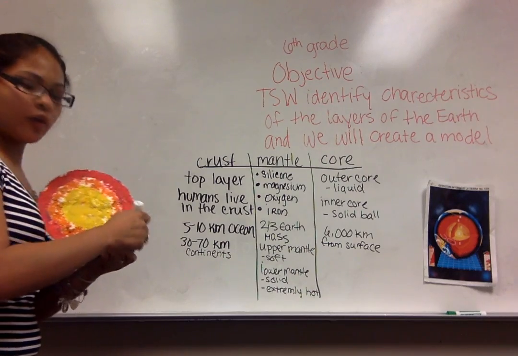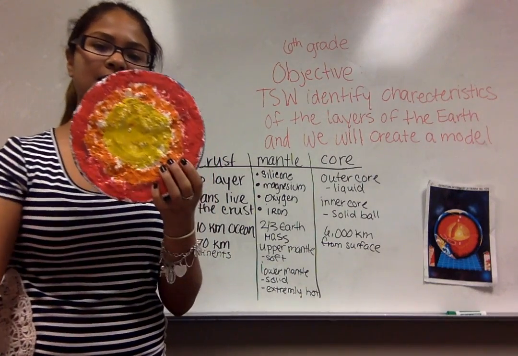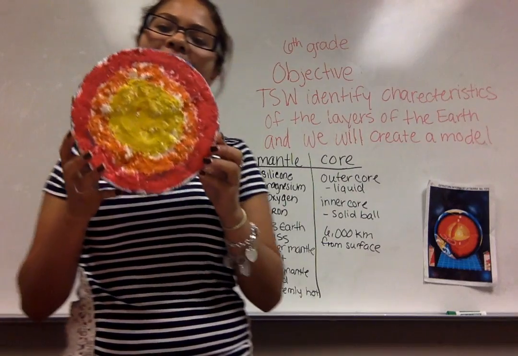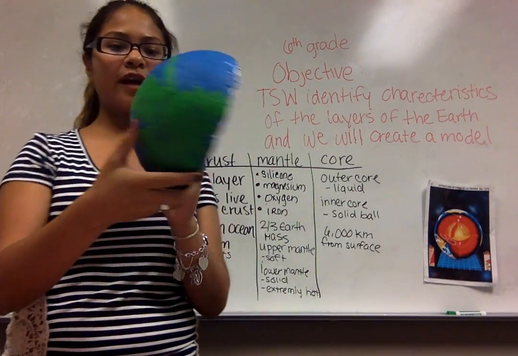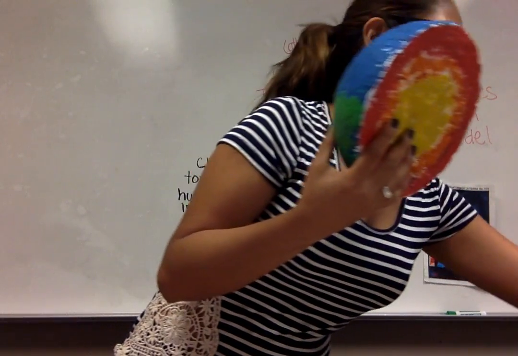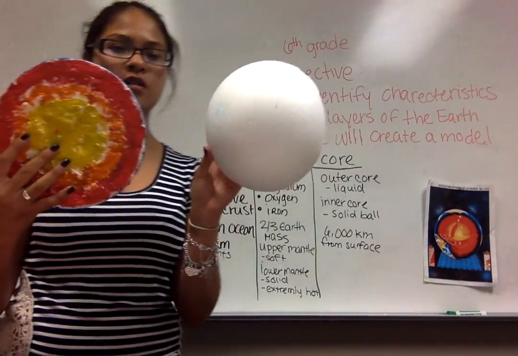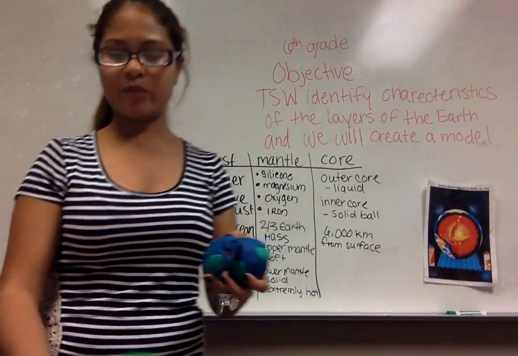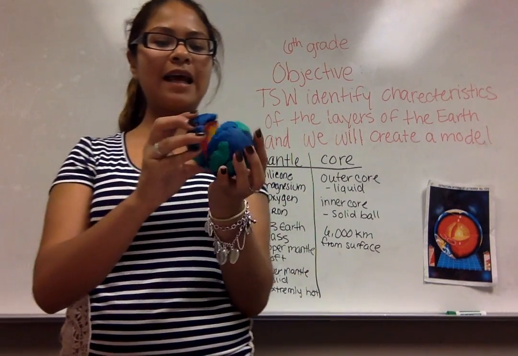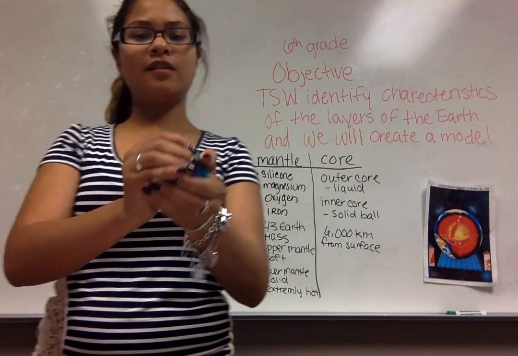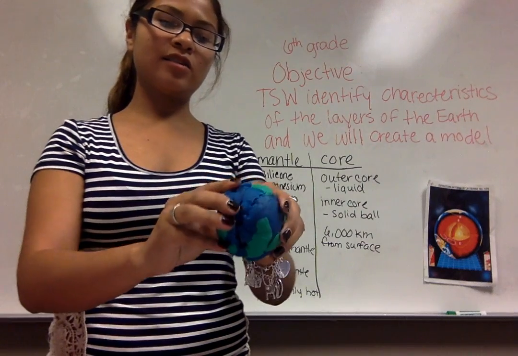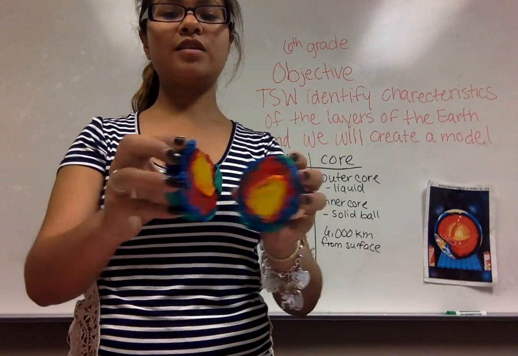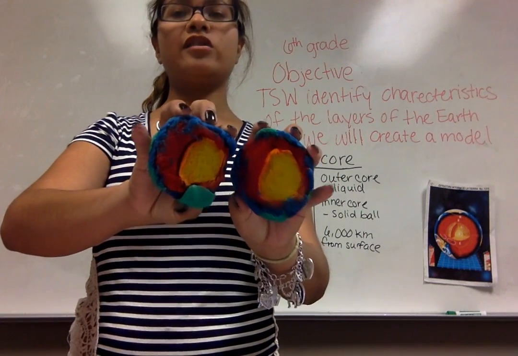Now, you are going to do a model like this. Okay, we have this one that you can do. We have clay and we have our materials, and we have this example too. The clay, I had it in one, I did it, and when I cut it, you can see the different layers.